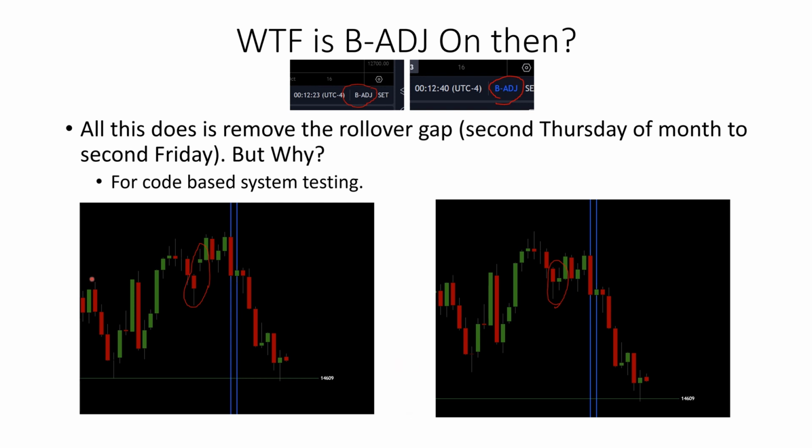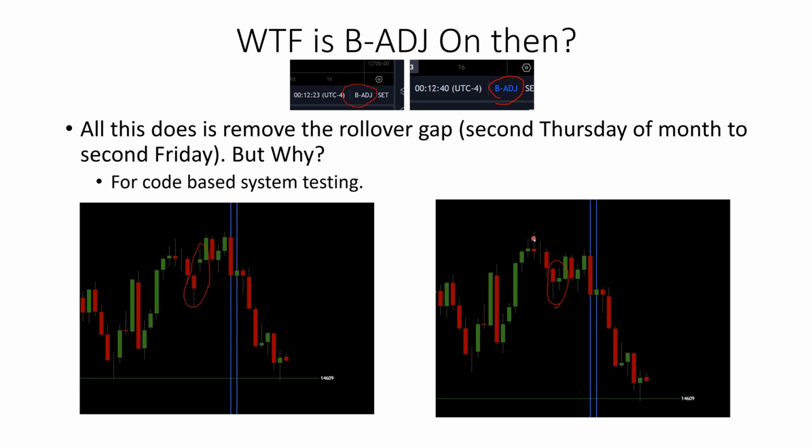If you notice, look over here, we have B-adjust off, and this buy side, as we move to the right, it's swept. So that buy side swept and then the down move. If we look over here, that same buy side, that red doji candle, there's an SMT here.